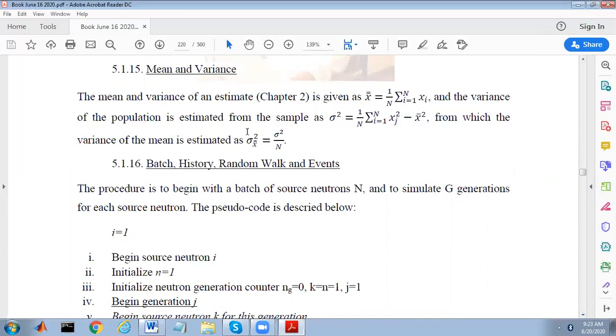And remember, the central limit theorem told us that the variance of your sampled mean is related to the variance of your population divided by the number of neutron histories that you had started.